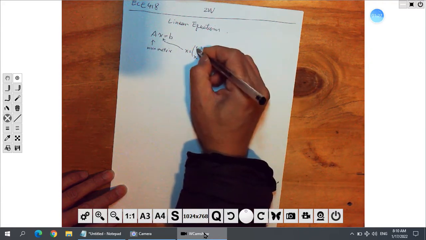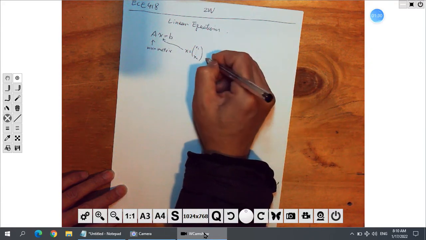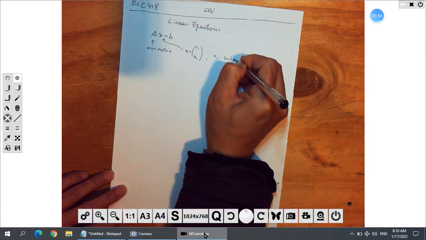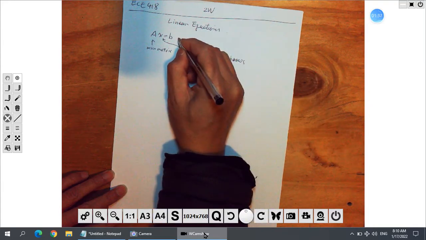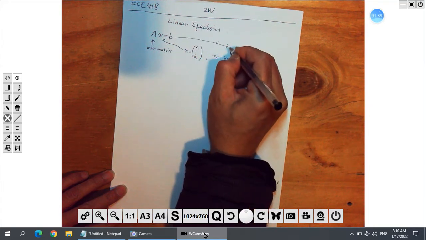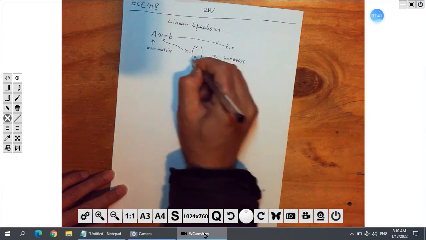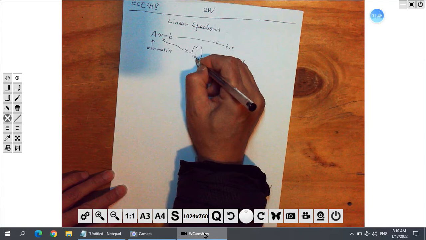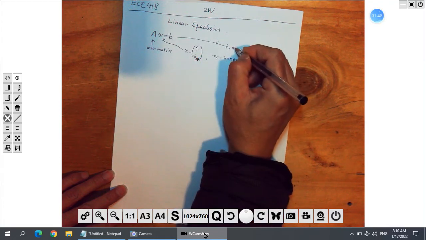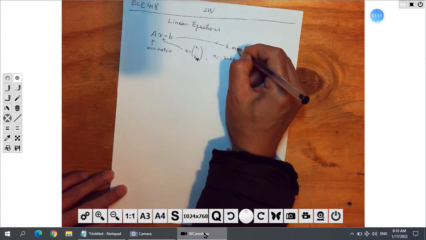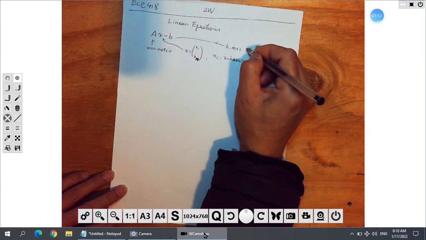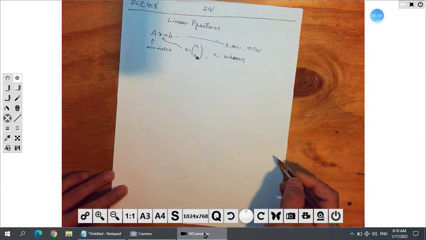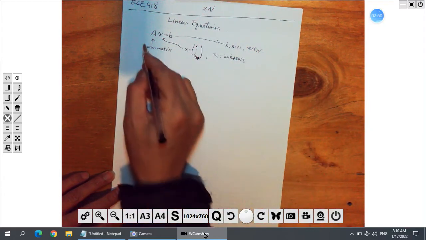All the xi's are unknowns. And B will be an M times 1 vector. Right, so like this, the general form.